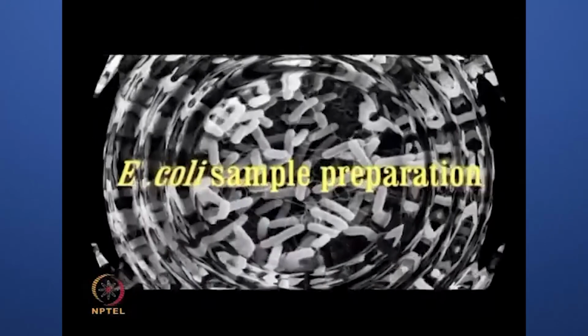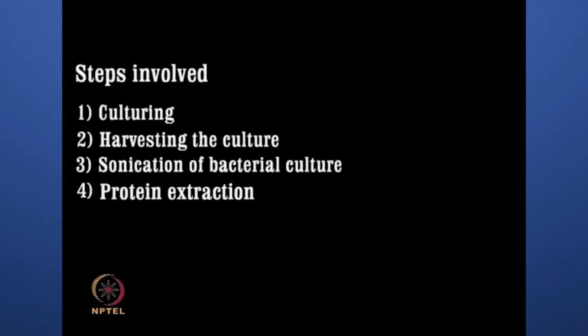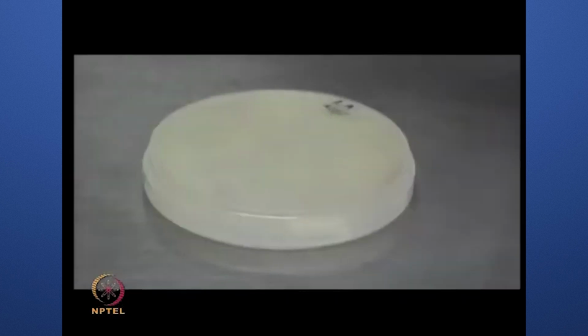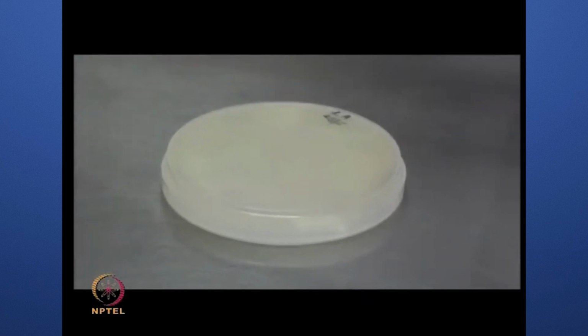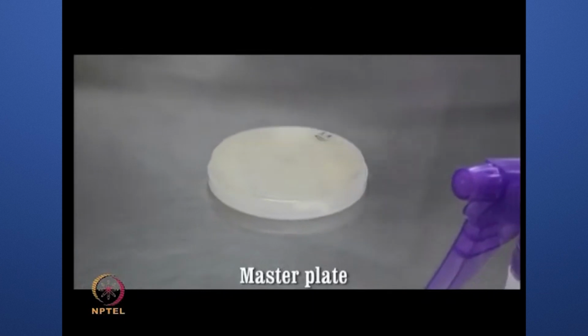Bacterial protein extraction. This process involves culturing of bacteria, harvesting and sonication of the obtained culture, followed by protein extraction. Bacterial culturing. Clean the laminar workspace thoroughly with ethanol and keep the master plate having the bacterial culture ready.